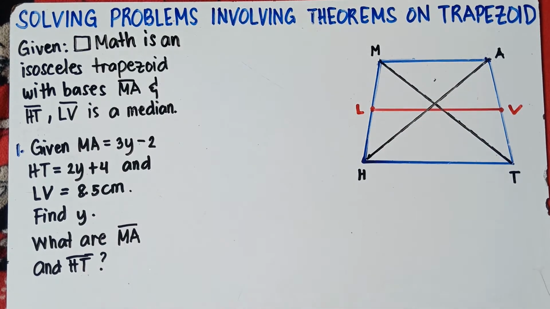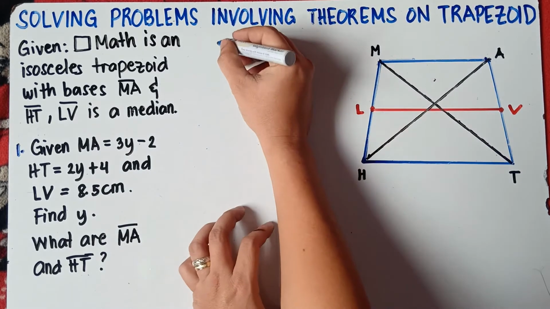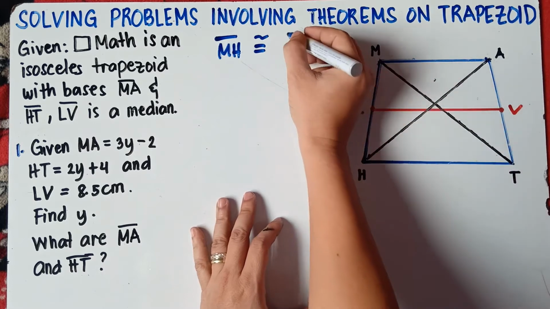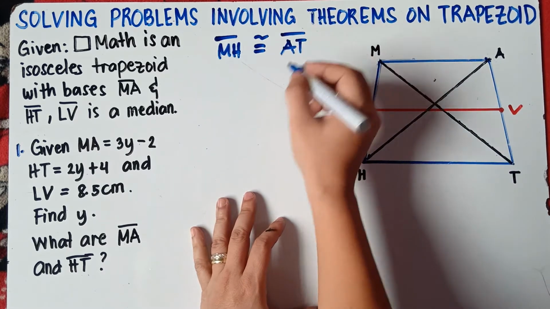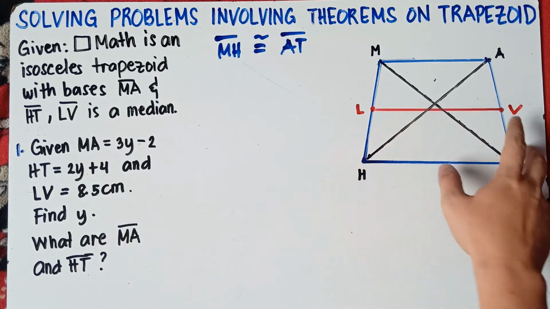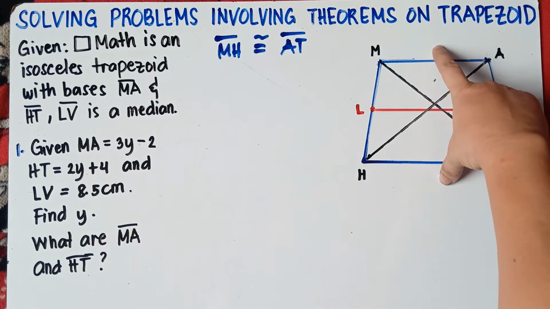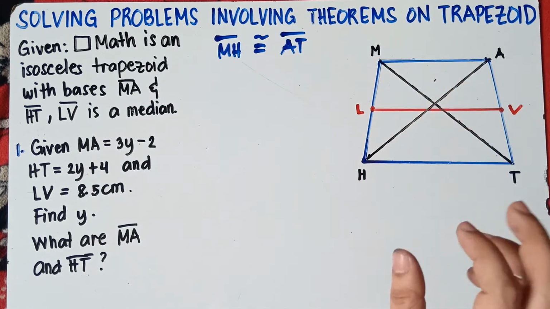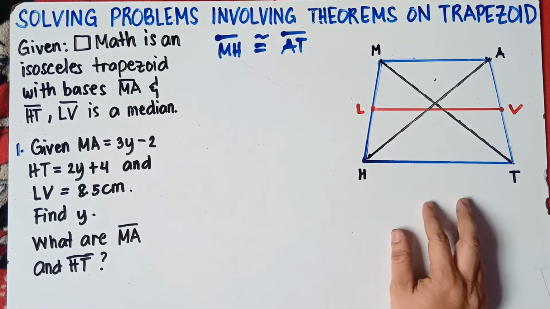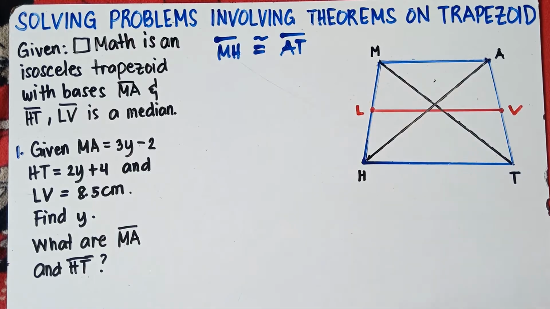Once again, line segment MH is congruent to line segment AT. If we have two congruent sides and one pair of parallel sides, therefore this is an isosceles trapezoid.